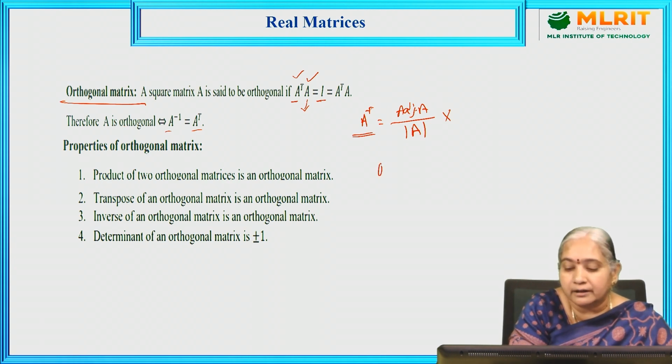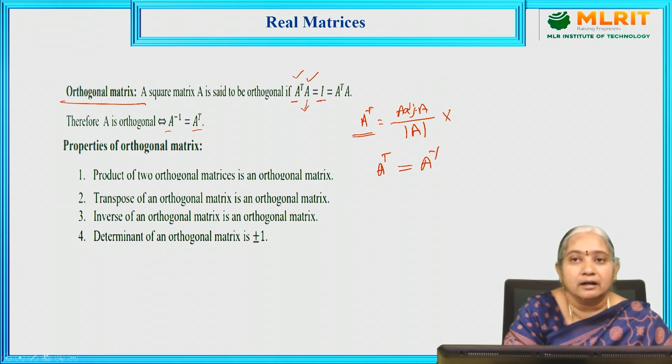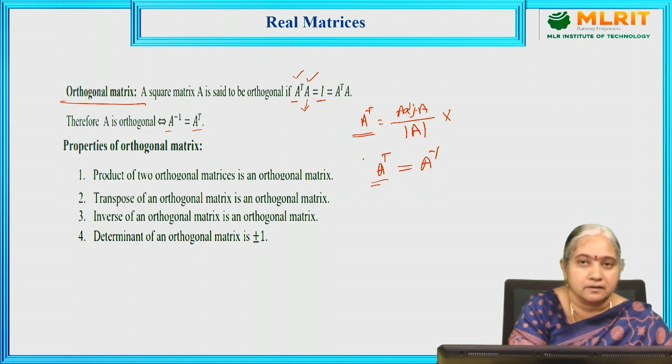Simply we find A transpose. A transpose becomes A inverse. This is a very important property of the orthogonal matrix. Simply we find A transpose, and it is the inverse of the orthogonal matrix. So that is the property of the orthogonal matrix.